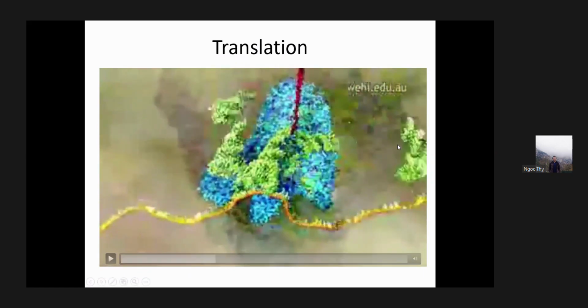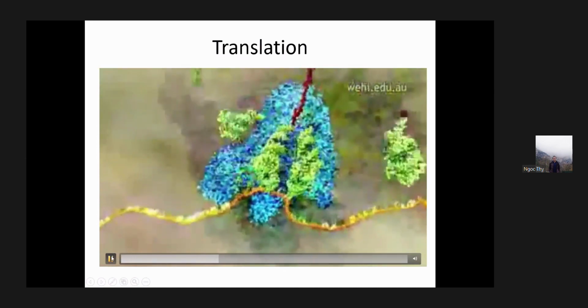You can see each tRNA comes, and the ribosome makes a peptide bond between the amino acid of the polypeptide chain and the new amino acid that the tRNA brings along.